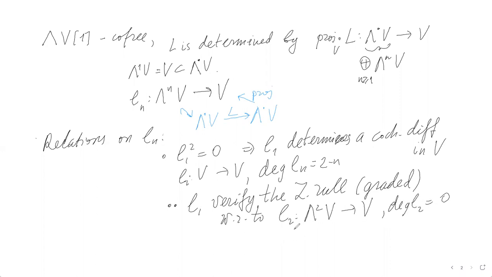So L2 plays the role of a Lie bracket, and L1 verifies the Leibniz rule. Collectively, if you take both L1 and L2, you obtain a structure which resembles very much the differential graded Lie algebra structure, except for one condition which should be verified for differential graded Lie algebras. This condition is that L2 should verify the Jacobi identity. And the third relation which we have takes care of this Jacobi identity.